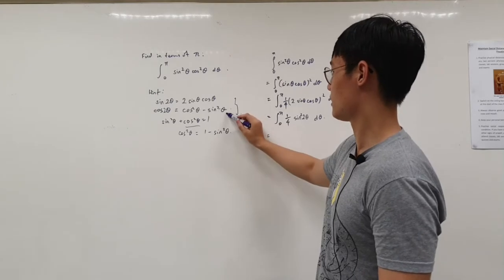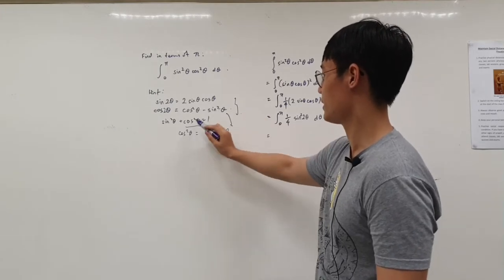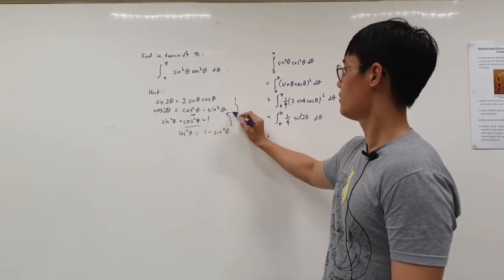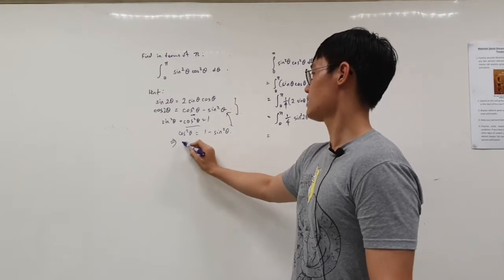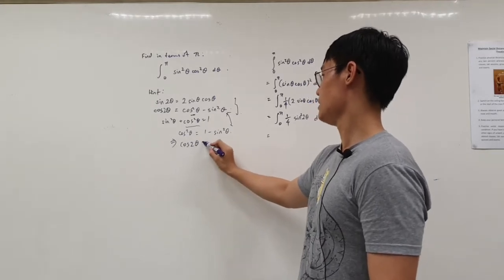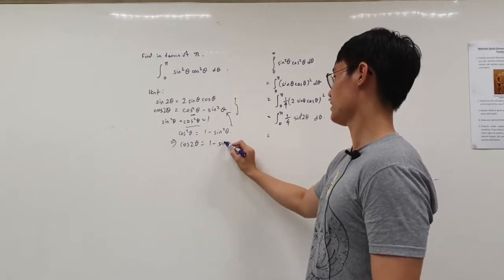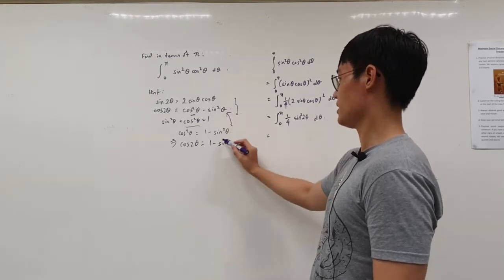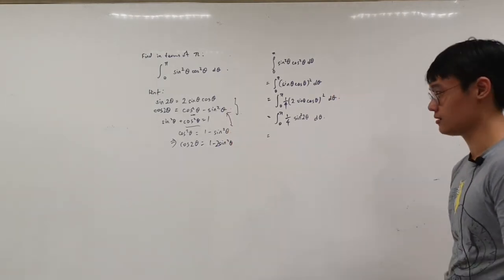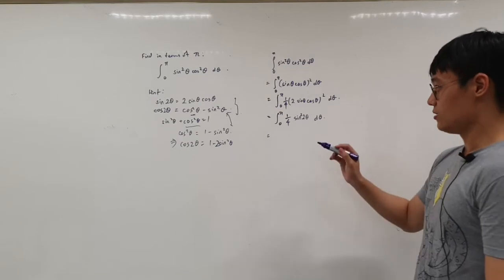Now I can substitute cosine square theta into here, which gives us cosine 2 theta is equal to 1 minus sine square theta minus sine square theta. So minus 2 sine square theta. Okay?